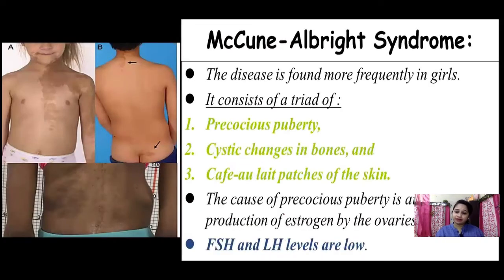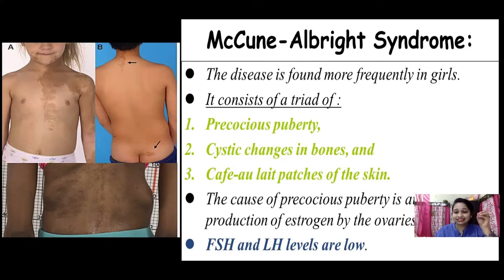McCune-Albright syndrome, in short view, I'm telling this, the triad we know is precocious puberty, cystic changes in the bones, and café-au-lait patches of the skin. These three in the triad give the diagnosis of McCune-Albright syndrome. That is because of the hyperproduction and autoproduction of estrogen from the ovary, where your FSH and LH levels will be low, and the typical appearance you can see in the left side picture.